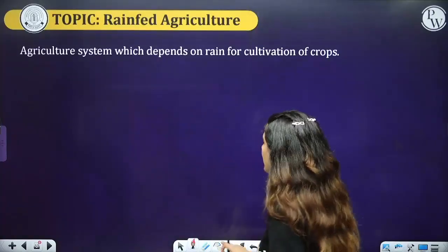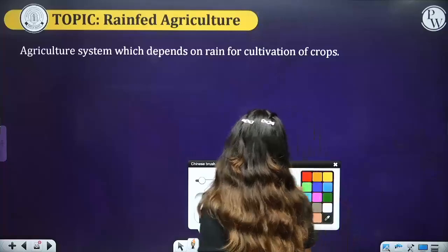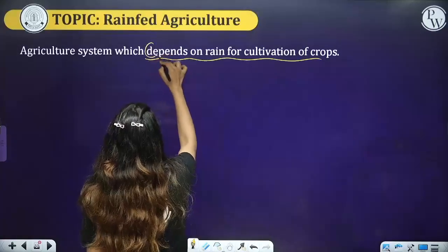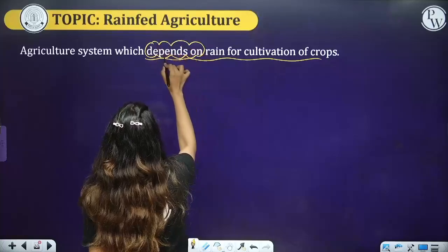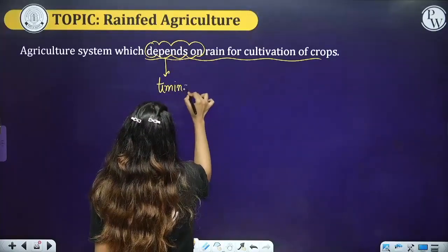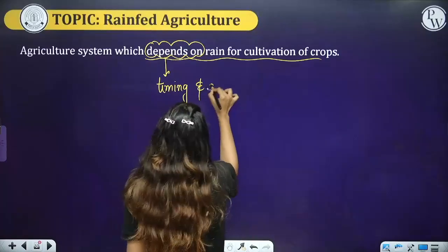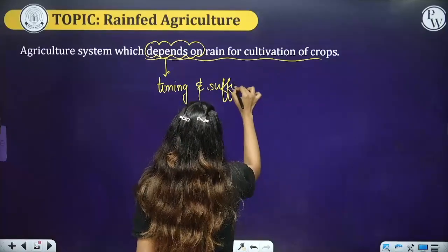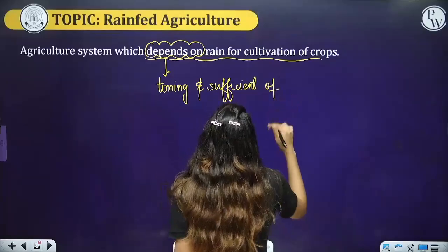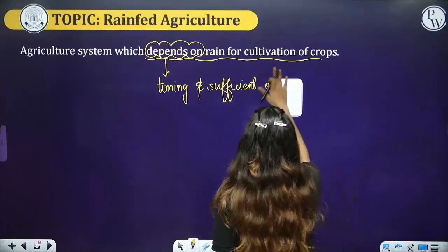So I can say it will depend on the rain, and it depends on the timing as well as sufficient rainfall, right? It's not like rain comes only once, or very little rainfall comes. So it will depend on the timing and sufficient rainfall.